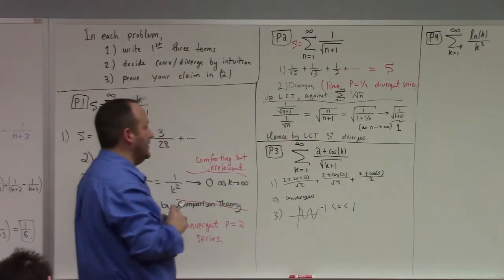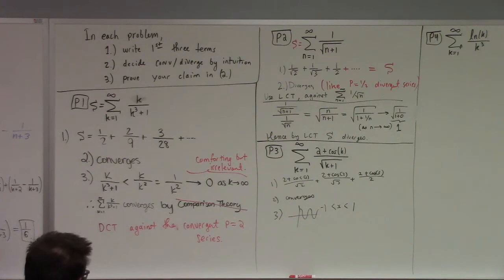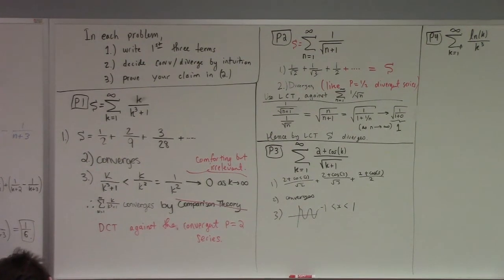If I hadn't already said I'm using limit comparison against the 1 over the square root of n series, I should say that in the conclusion statement. Somewhere or another, the words should be appearing in your solution. I am using limit comparison test against the divergent p equals 1/2 series. Like, this should be part of your statement. You should say what you're doing. Don't assume I know what you're doing, all right?